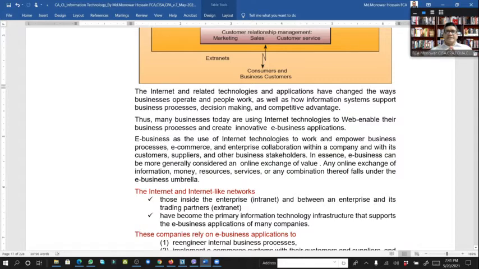The internet and related technology and applications have changed the way businesses operate and people work, as well as how information systems support business processes, decision making, and competitive advantage. Many businesses today are using internet technology to web-enable their business processes and create innovative e-business applications.